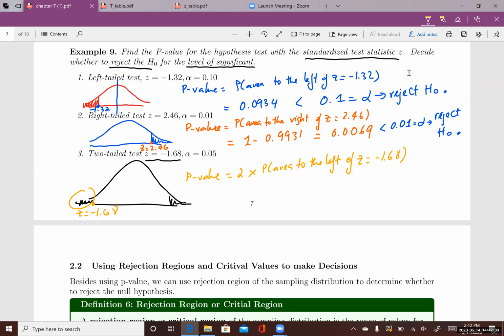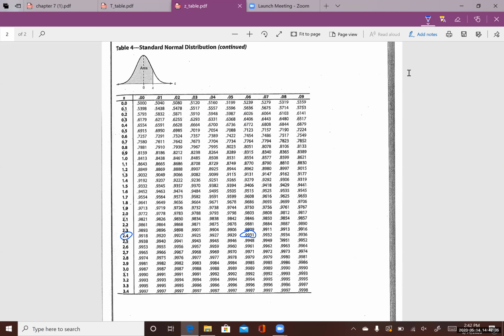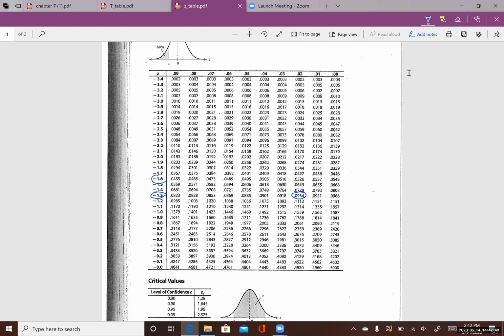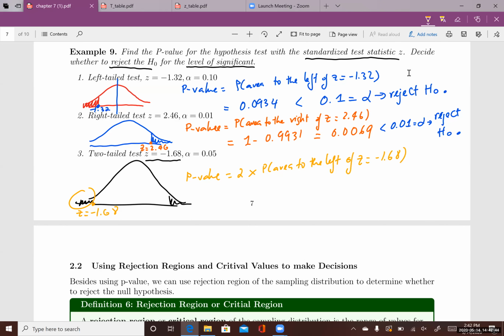Okay, let's go to the z table, negative 1.68, which is 0.0465. So it equals 2 times 0.0465, which equals 0.093.